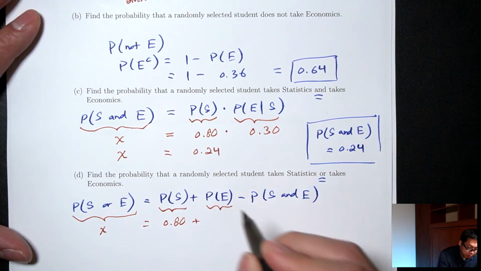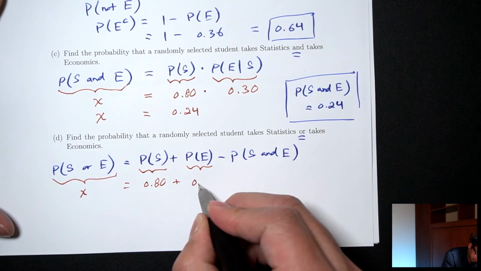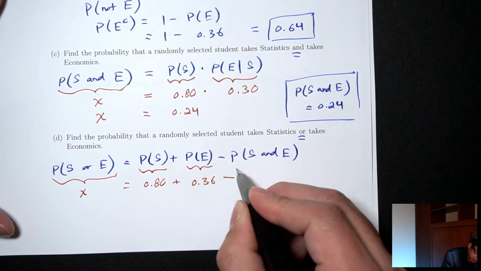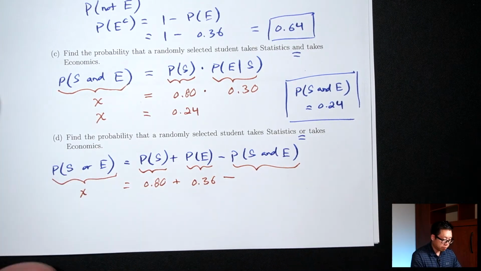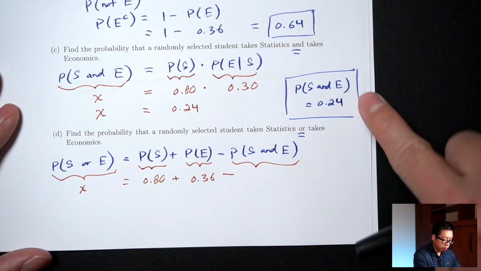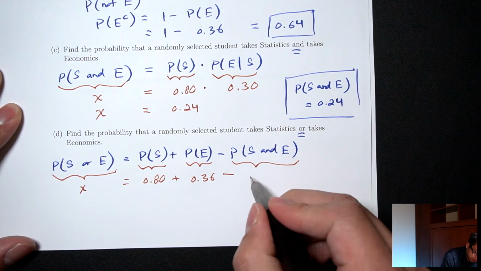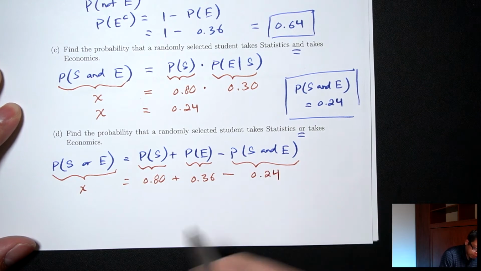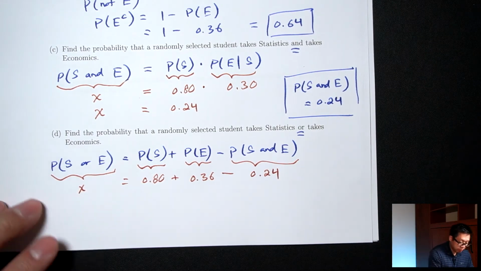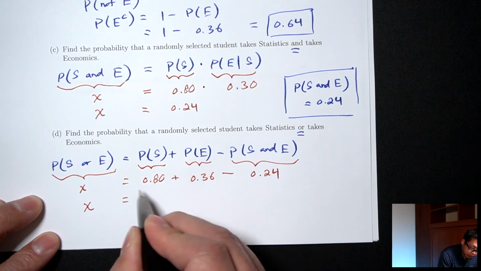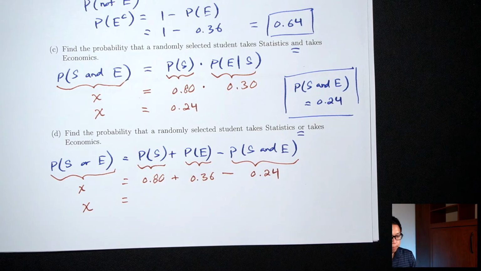Probability of E, 0.36, minus probability of S and E. We actually just found that. S and E is 0.24. Get the X by itself. X is already by itself, so we're good. And all I need to do is the right side, so 0.80 plus 0.36 minus 0.24.